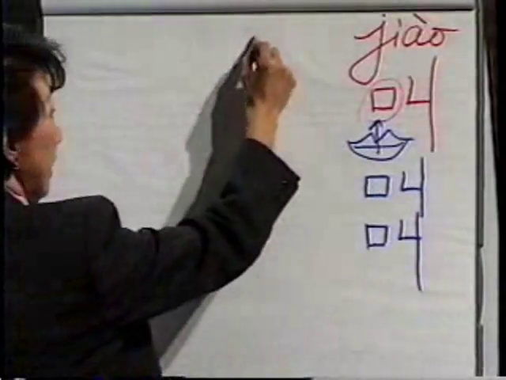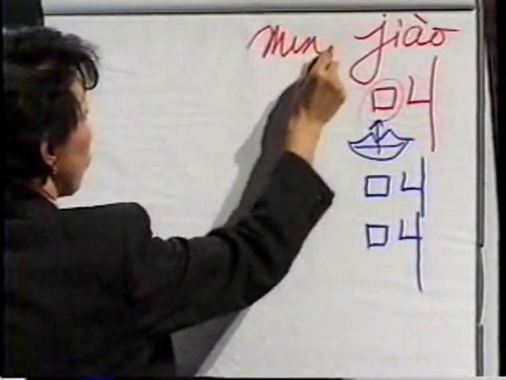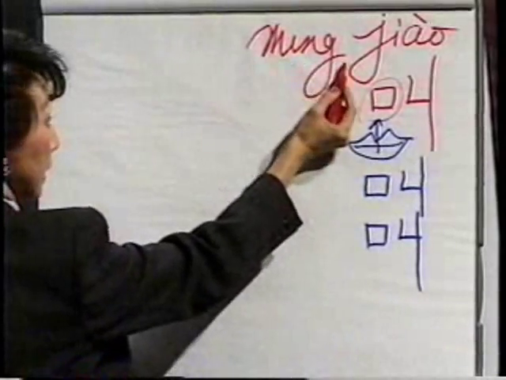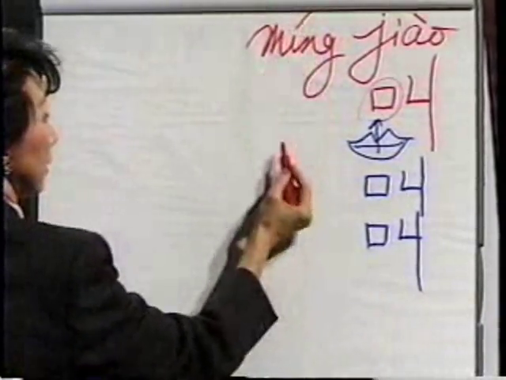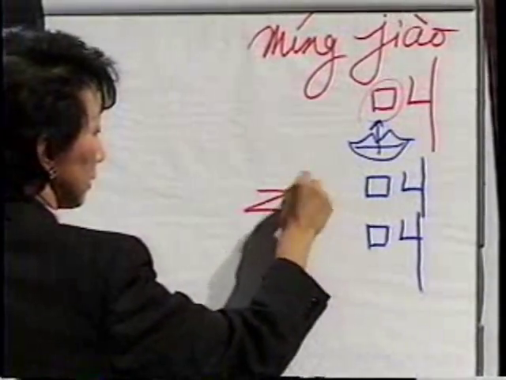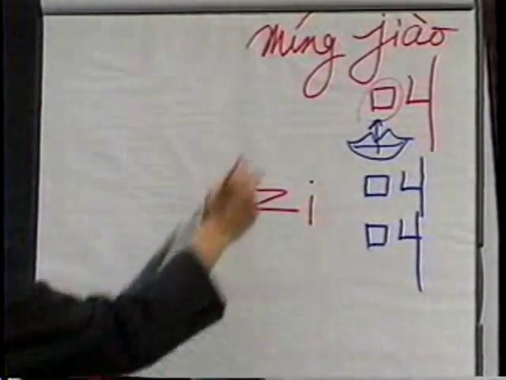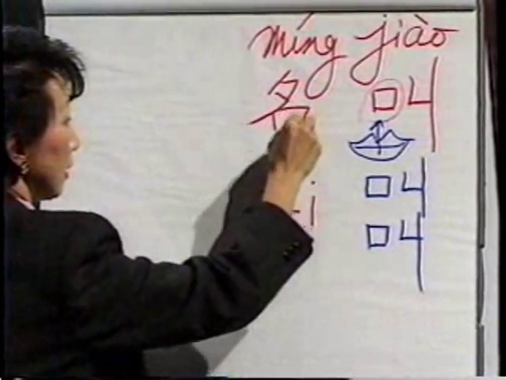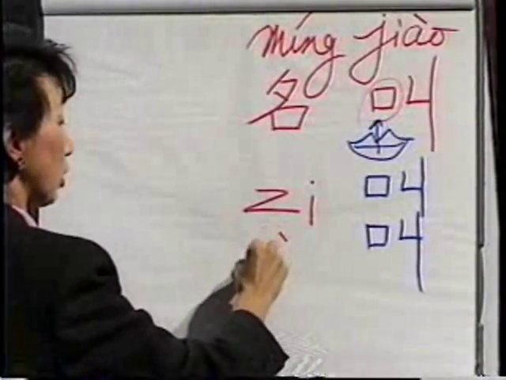名字 means name, full name. 名字 is a name. 字 is a word.